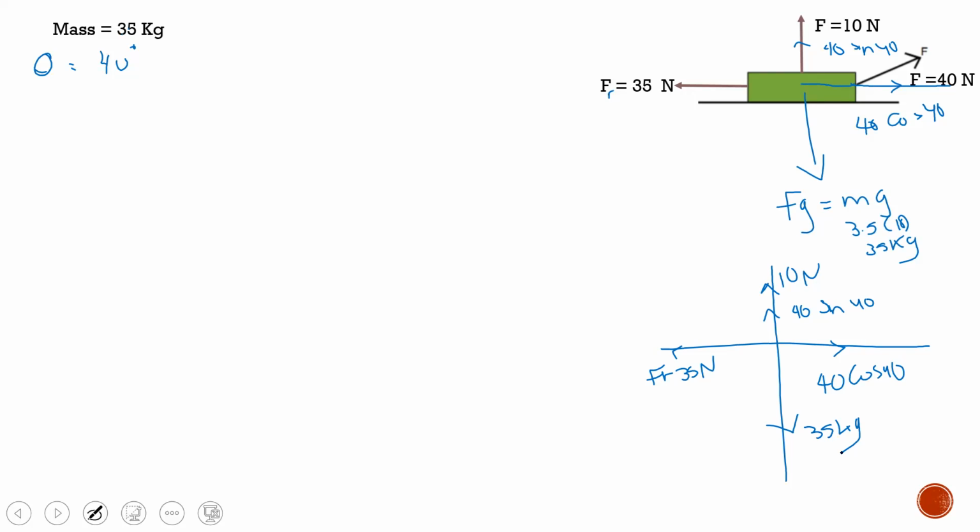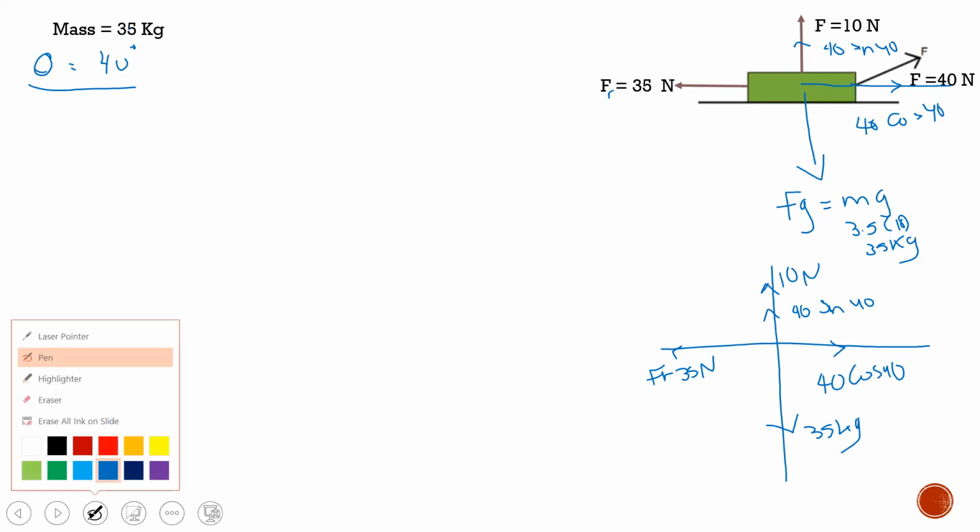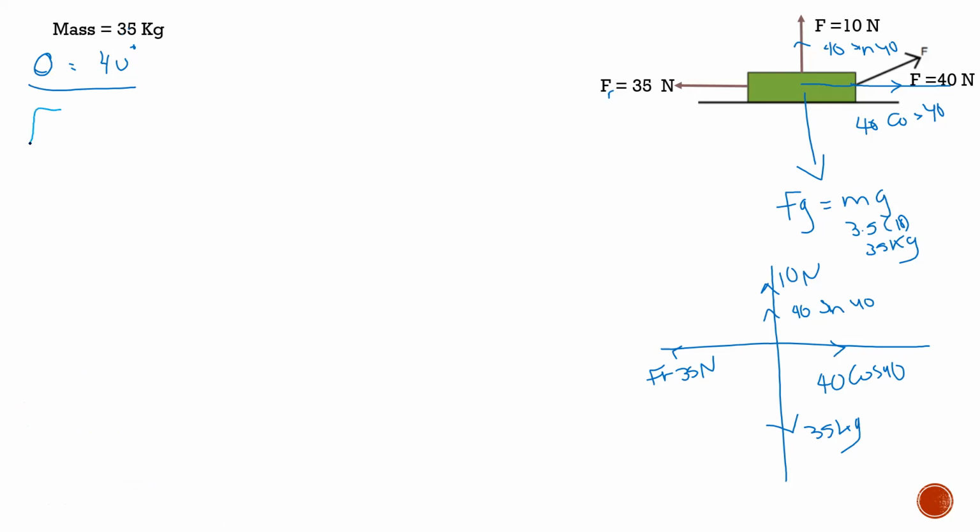Newton's second law says F equals M times A, or A is the net force over the mass. But here, as you see, I have an acceleration on the x-axis, and I have an acceleration on the y-axis.